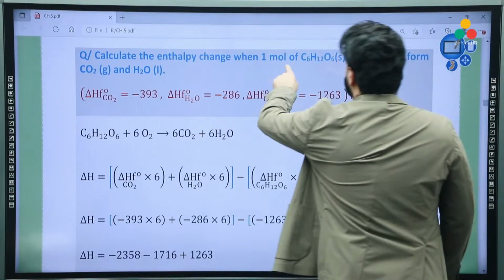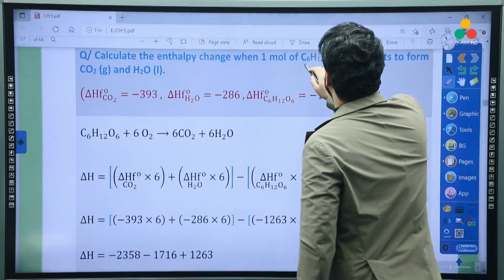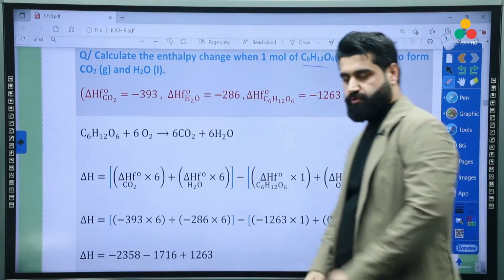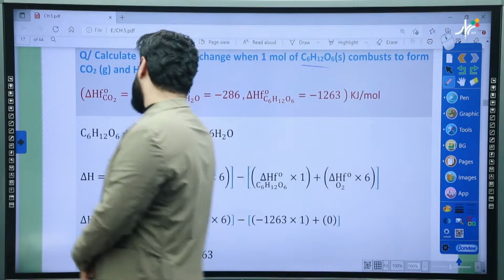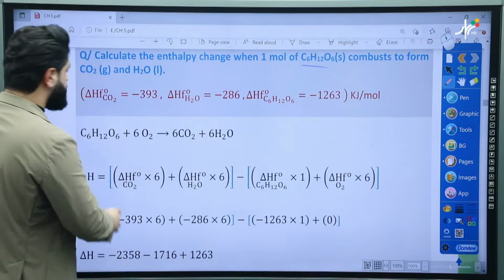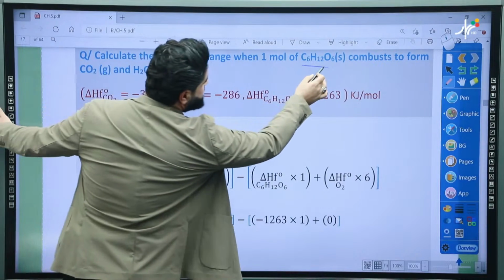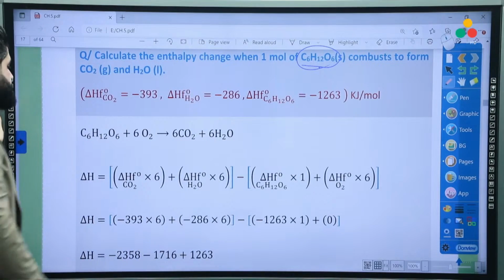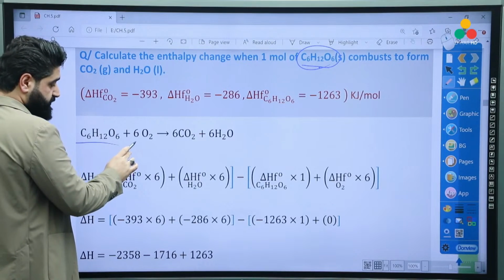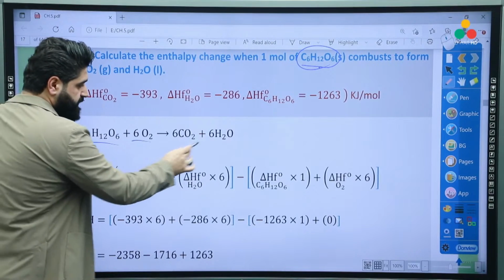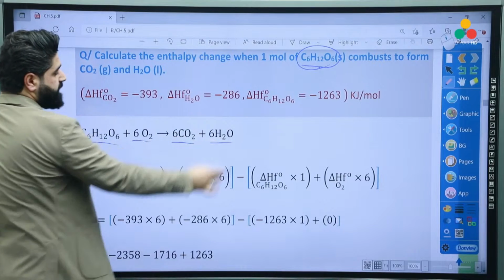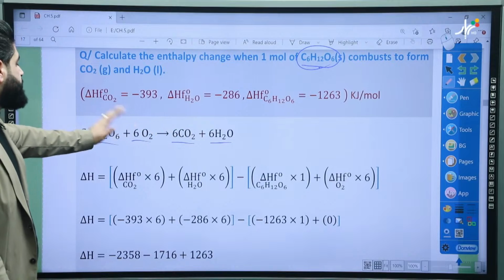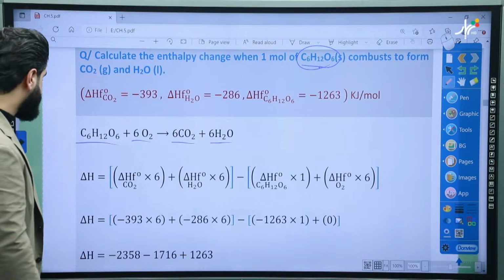Calculate enthalpy change when 1 mole of C6H12O6 combusts to form CO2 and H2O. As I told you, first step, you have to write the balanced equation. So on what base combustion of C6H12O6, glucose? If we combust C6H12O6 in a given amount of oxygen, it will produce CO2 and H2O. After balancing, you realize that the coefficient of each of them will be 6, right?